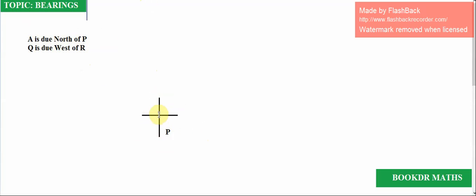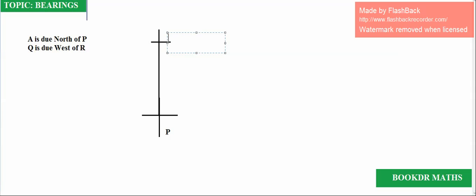If A is due north of P, I can get my A by extending the north line of P. So the position of A will be somewhere here.